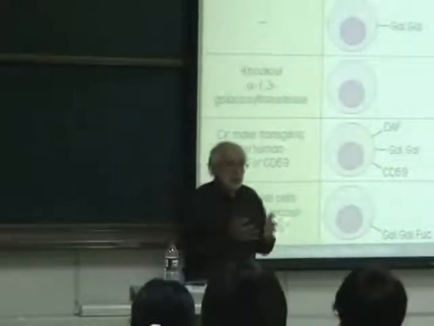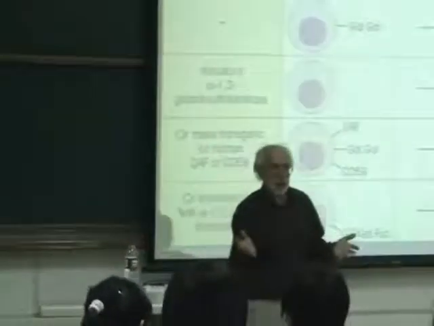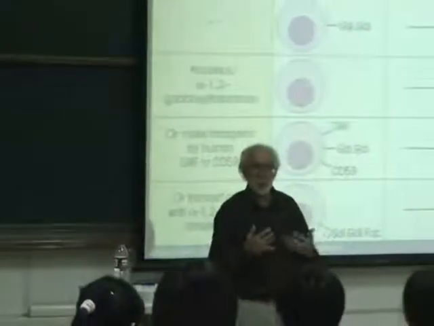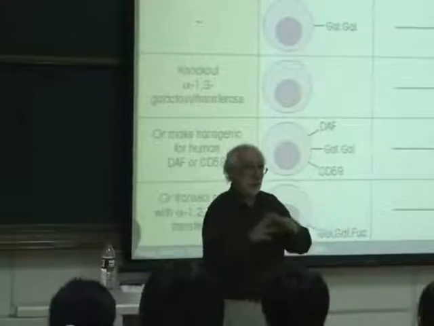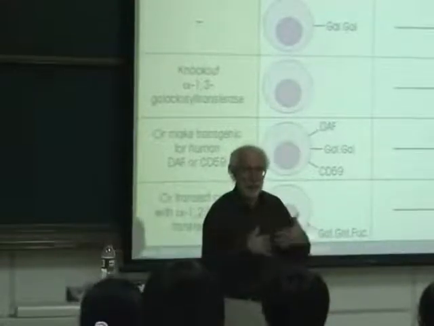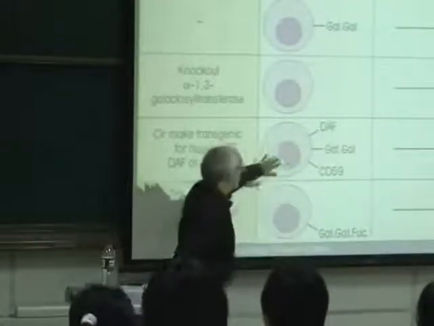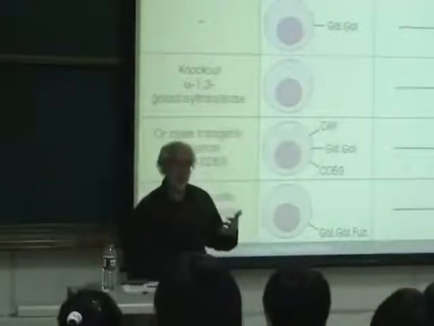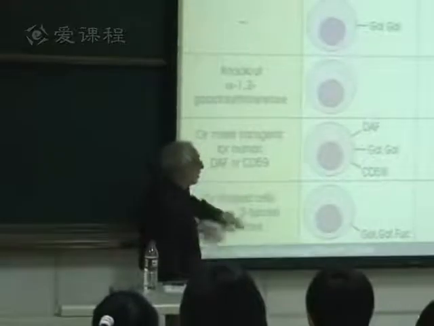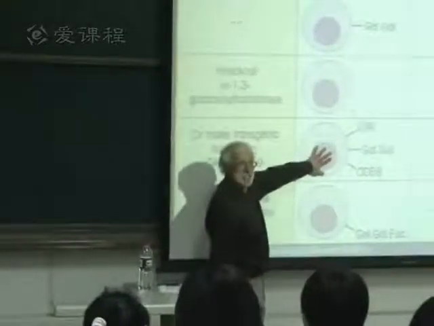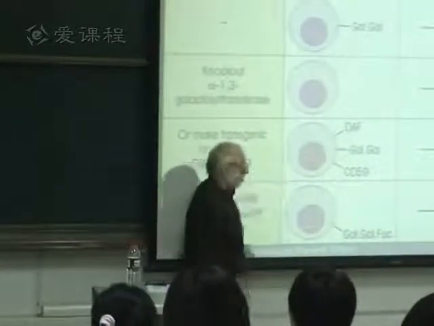When we get an infection and an antibody binds and activates complement, that complement could potentially damage our own cells. So we need molecules that inhibit complement being activated on our own cells. These two molecules, DAF and CD59, are examples of those molecules. So maybe you can make the pigs transgenic for human DAF or CD59, and they would be protected against complement-mediated damage.